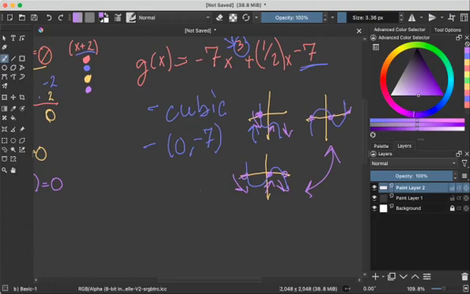And the last thing we need to look at is the end behavior. Since the leading coefficient is again negative, it means that the graph would be negative. So this is negative.